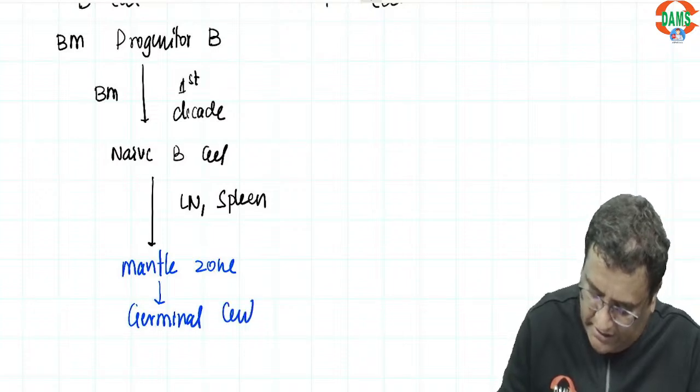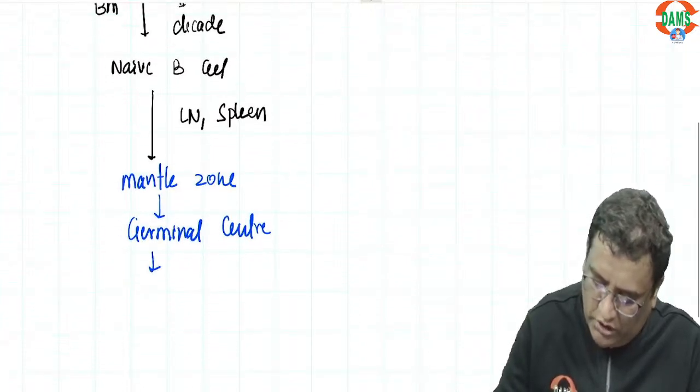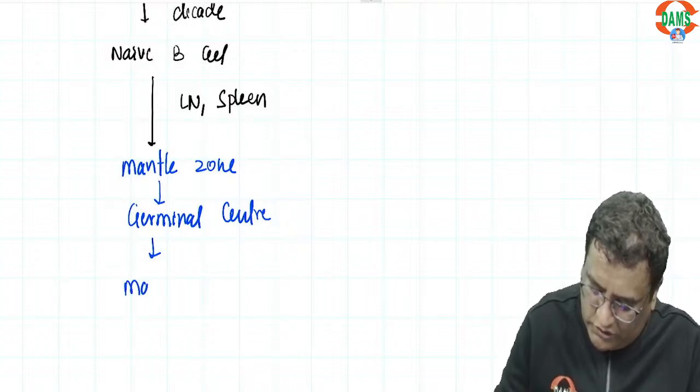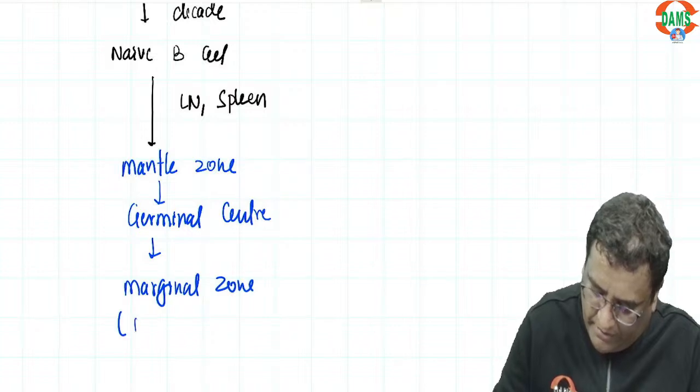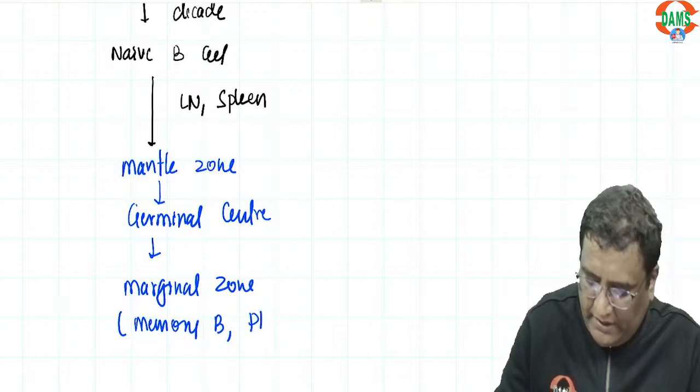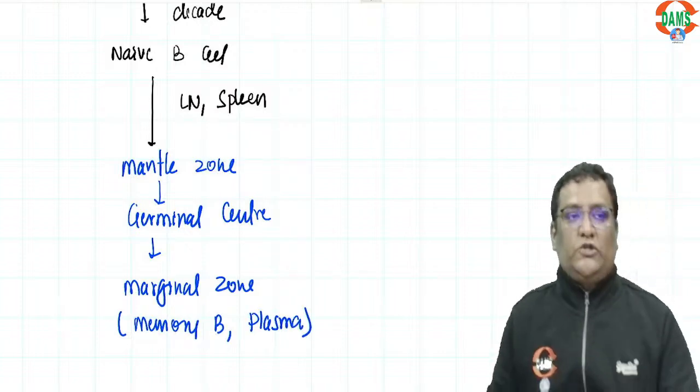Then we have one more, the marginal zone. The marginal zone ends up having memory B cells and plasma cells.